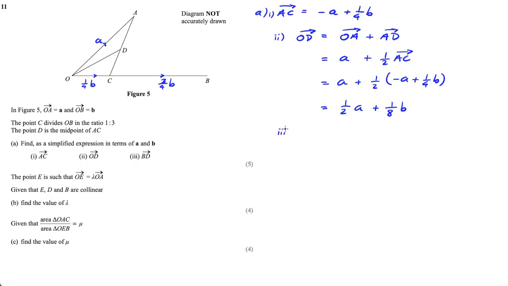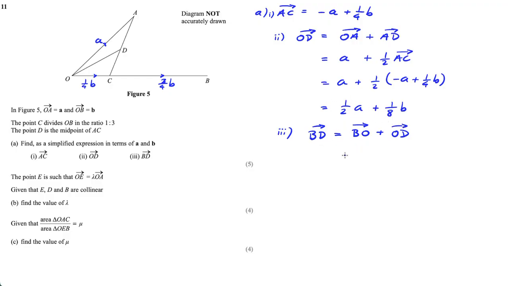Part 3, B to D. Okay, so let's just write it, B to D. Let's go, actually, guys, B to O and then O to D. So it's B to O plus O to D. Now I have OD, it's here.